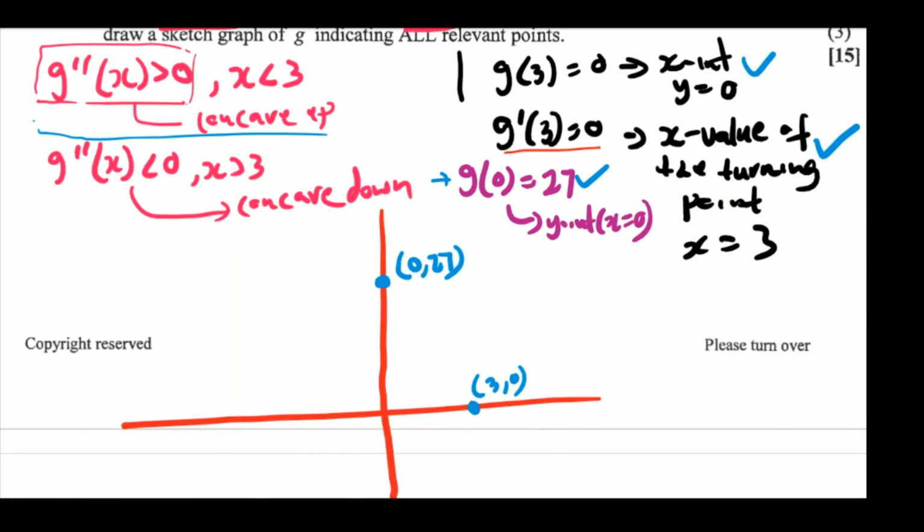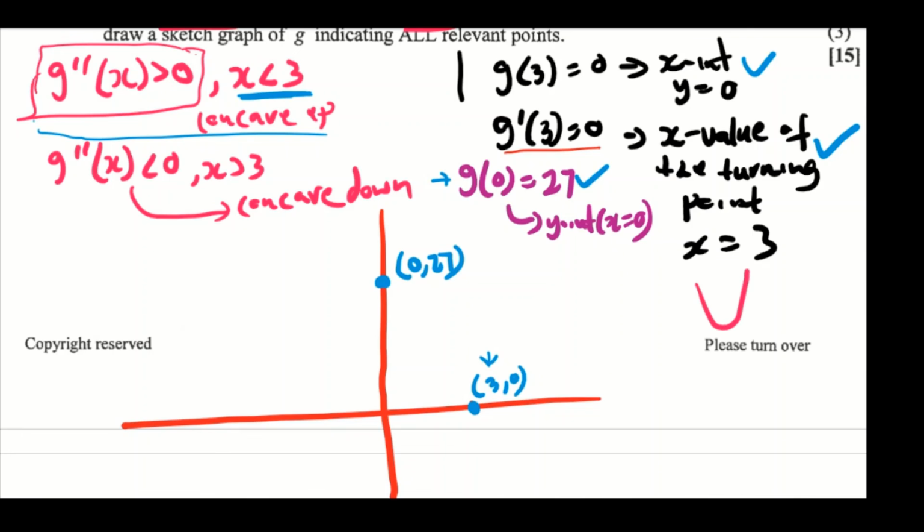So when x is less than 3, we're looking at this direction. When x is less than 3, g prime prime of x is greater than 0, which means it's concave up. It is a smiley face.